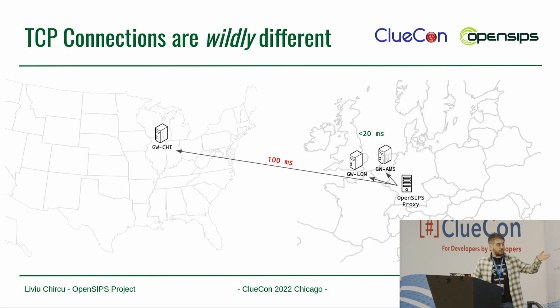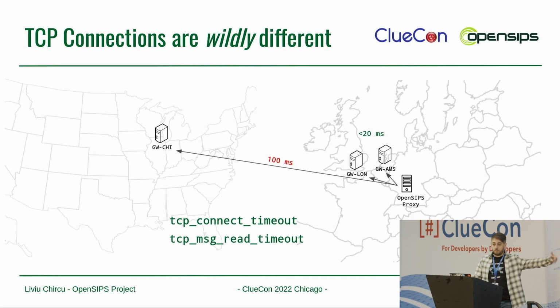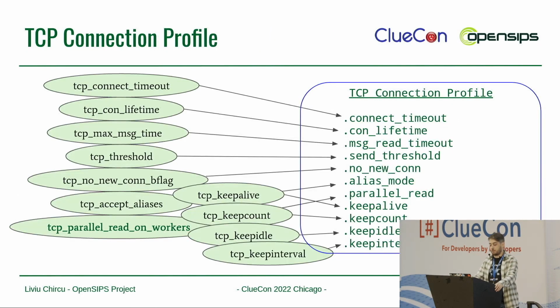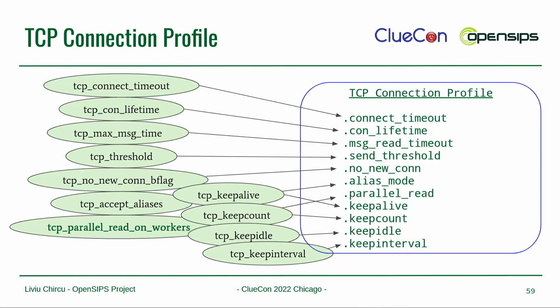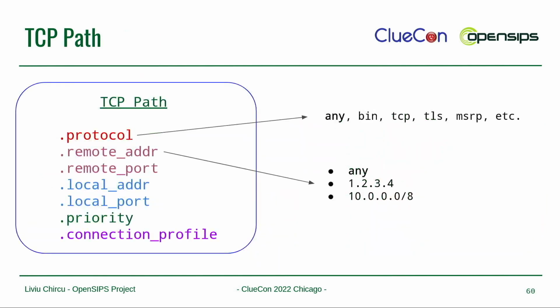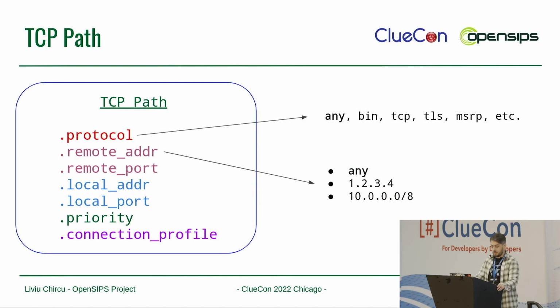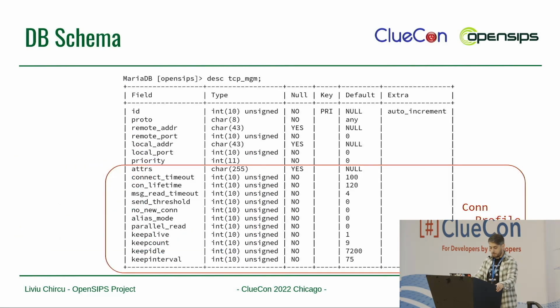For example, here we have a setup where we got connections which are close to us, so we'd rather have a small timeout, and connections which are far apart, so we would like those to have a larger timeout. Fine-grained control. So we bundled all of those parameters into this TCP connection profile, and now you can just write DB entries with a profile and associate them to either one server or more servers.